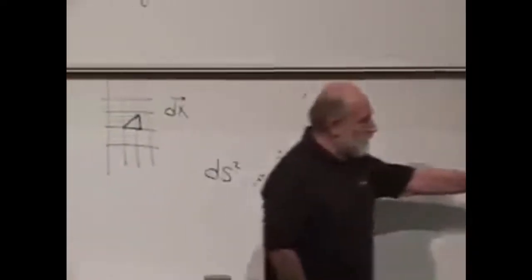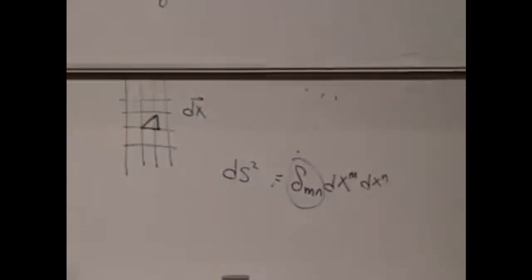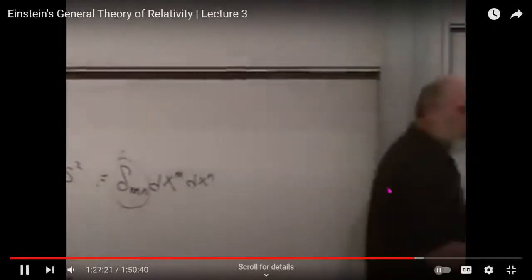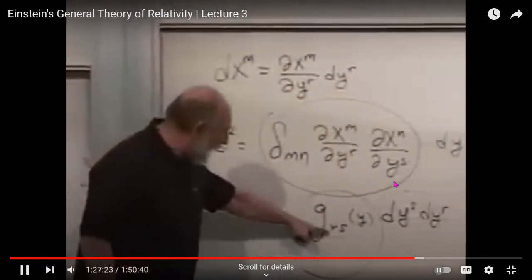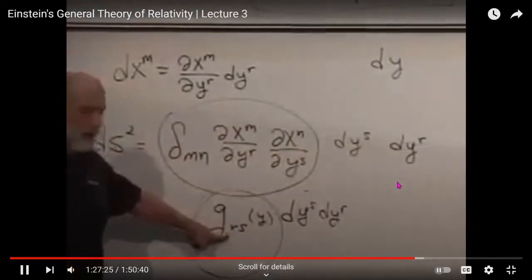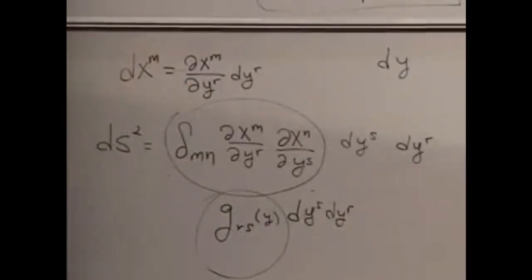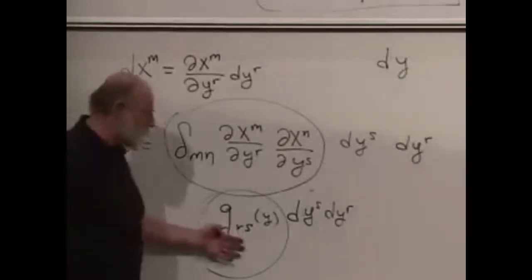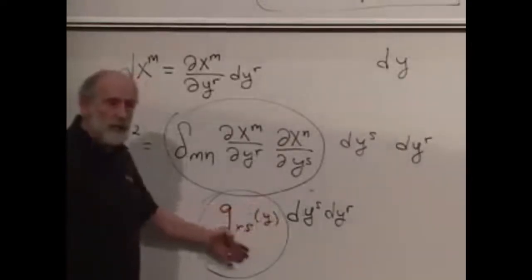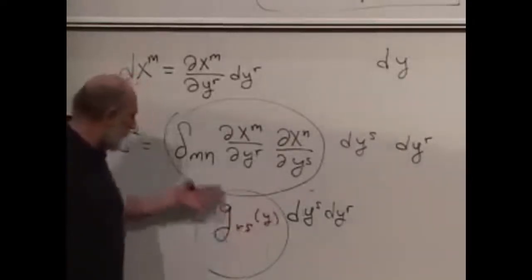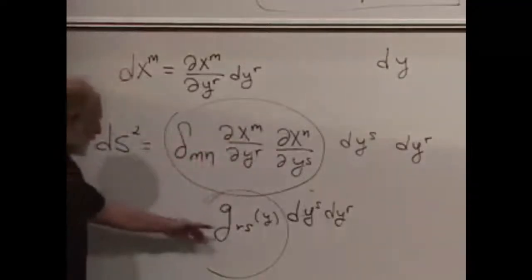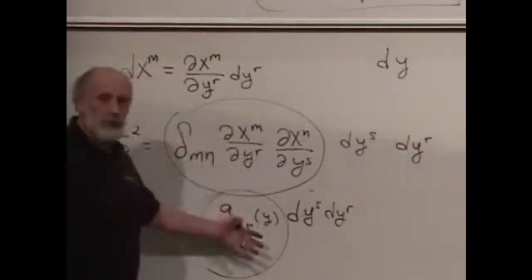Here we have a very similar thing, except instead of the Kronecker delta, we have a collection of coefficients. For each r and each s, there's a g. It's no longer true that the G11s are equal to 1 and the G22s are equal to 1. They're whatever they are. Nor is it true that G12 is equal to 0.